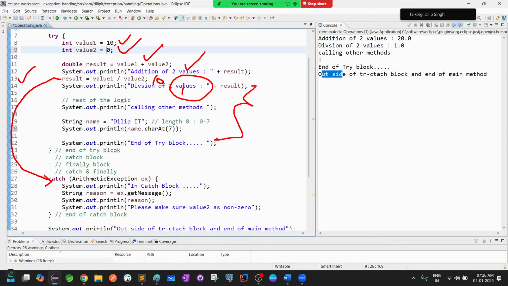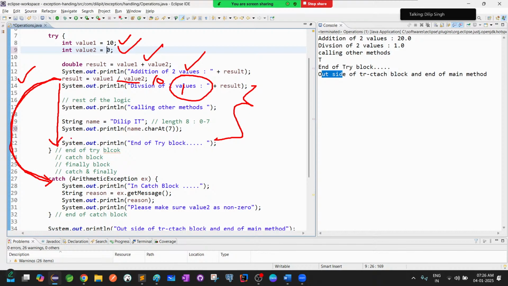You got an exception at line number 13, and in the same try block it is not executing the rest of the logic. The reason is JVM created an exception at line number 13, then immediately JVM moves to the catch block section.